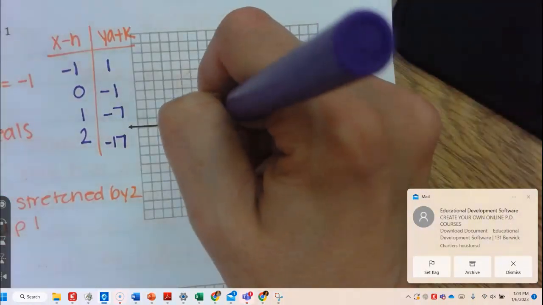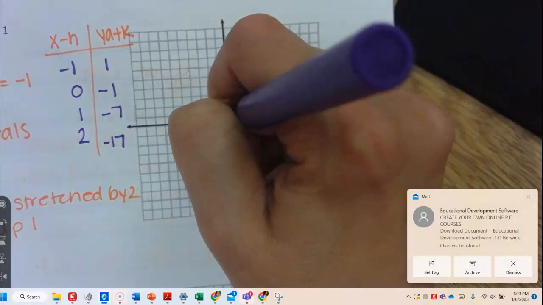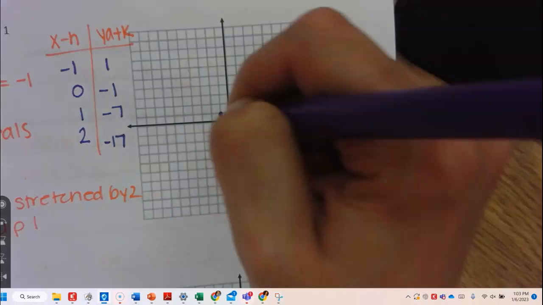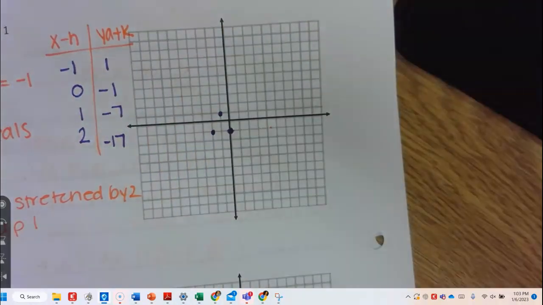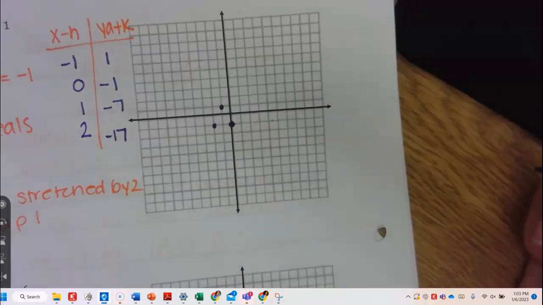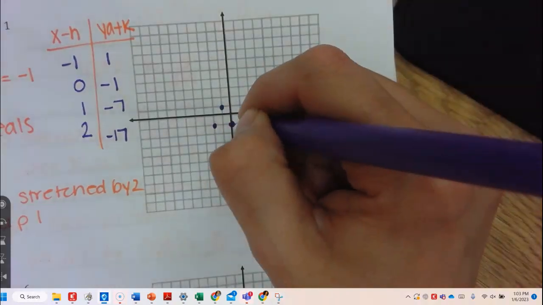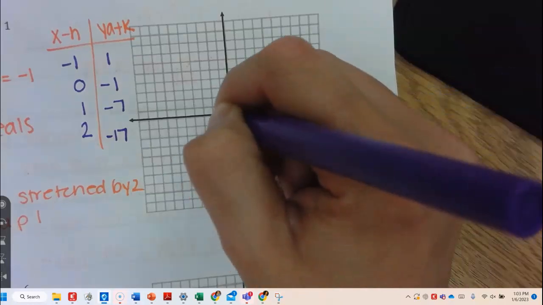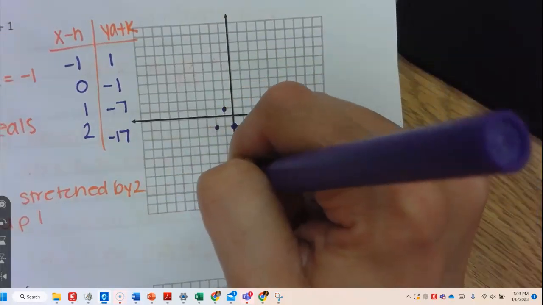So you have -1, 1, 0, -1. If you have 0, -1, you also have -2, -1, because whatever it does to the right, it does to the left. And then you have 1, -7, and -3, -7.